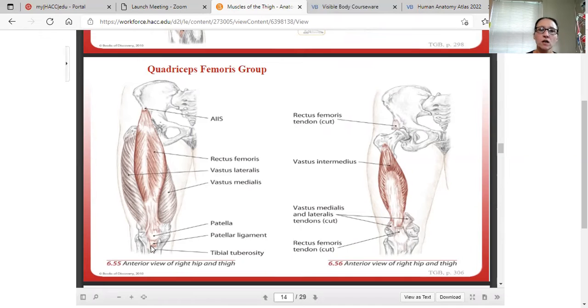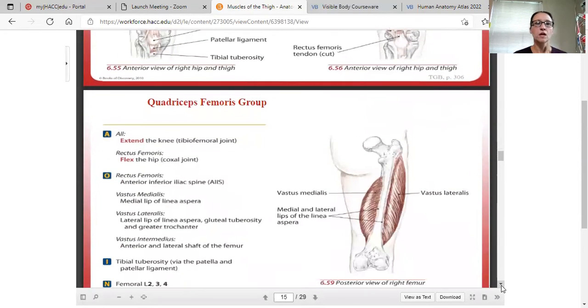And I will talk about the insertion when we finish the origins for all of them, because there's something a little wonky here, and I'll clarify. All right. So vastus medialis then originates on the medial lip of the linea aspera. So that's easy to remember because it's vastus medialis. It originates on the medial lip of the linea aspera. Easy.